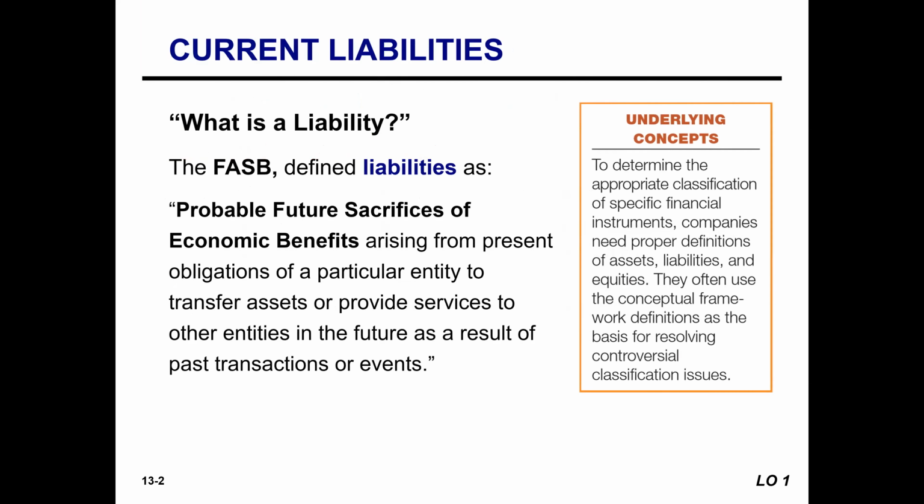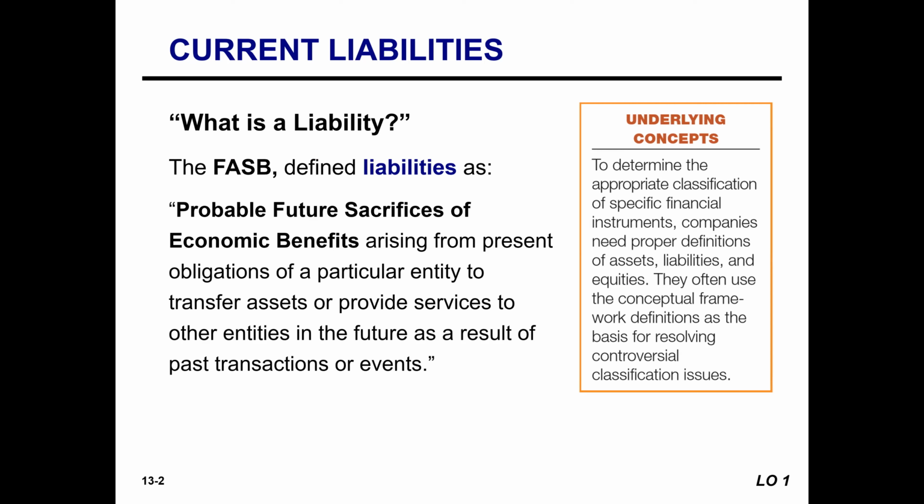So what is a liability? The technical definition, according to the Financial Accounting Standards Board, is the probable future sacrifices. And these future sacrifices could be either cash, if we're paying off the liability with cash. It could be maybe paying off the liability with inventory, or it could be paying off the liability with some type of service or something like that.